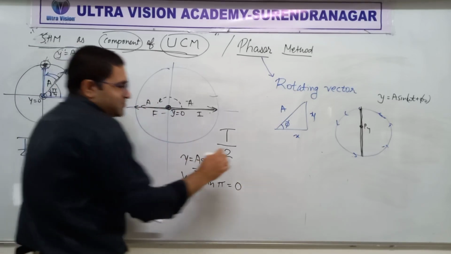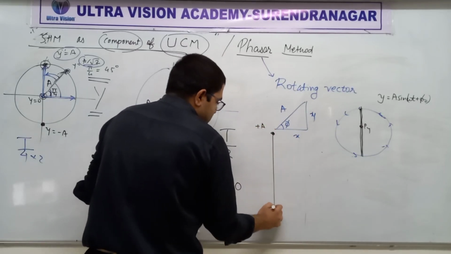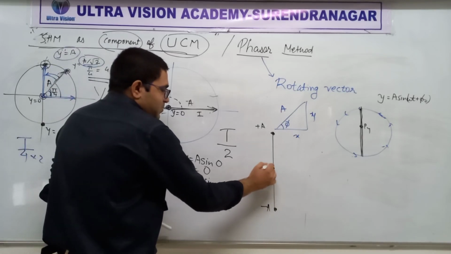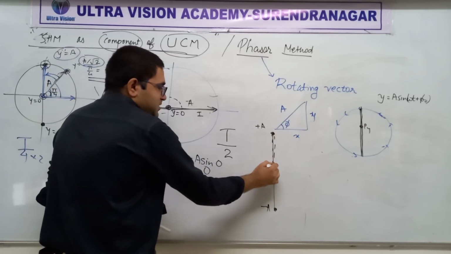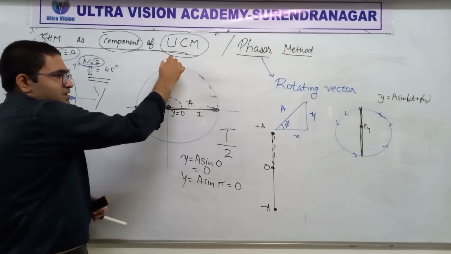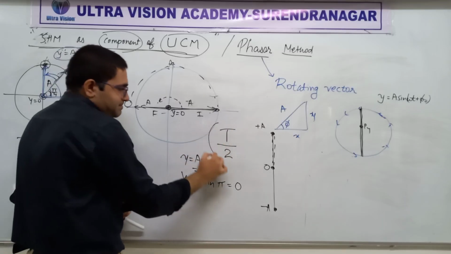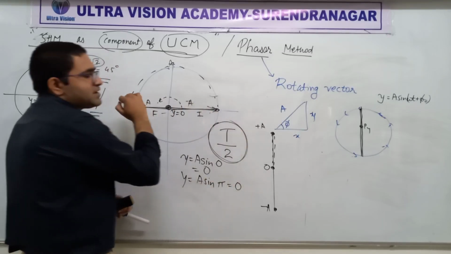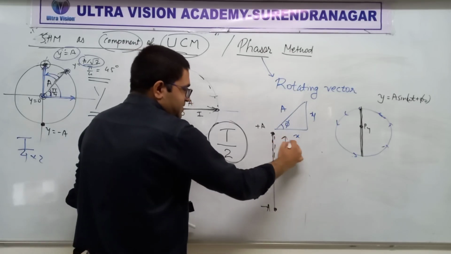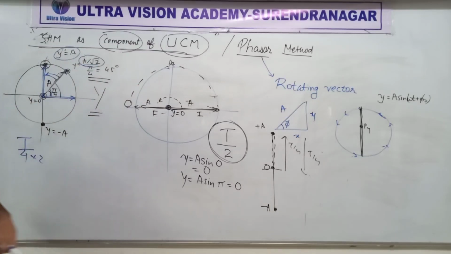So when a particle is doing SHM between y equal to plus a and y equal to minus a, to go from 0 to a and then back to 0 takes how much time? T by 2. Clear? Here to here is T by 4 and back is T by 4. So T by 2.